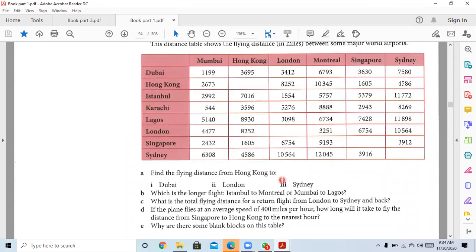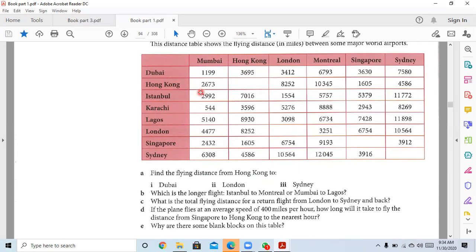Find the flight distance from Hong Kong to Dubai. Okay, let me check. He said Hong Kong to Dubai, it's the first one.